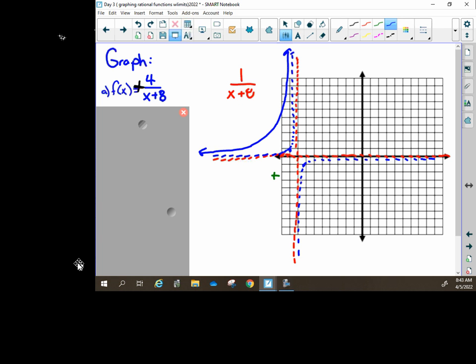If I did, I'd just get a graphing tool. But that right there gives us the 4. So there's our graph of our function. We've reflected it, stretched it, and translated it left.